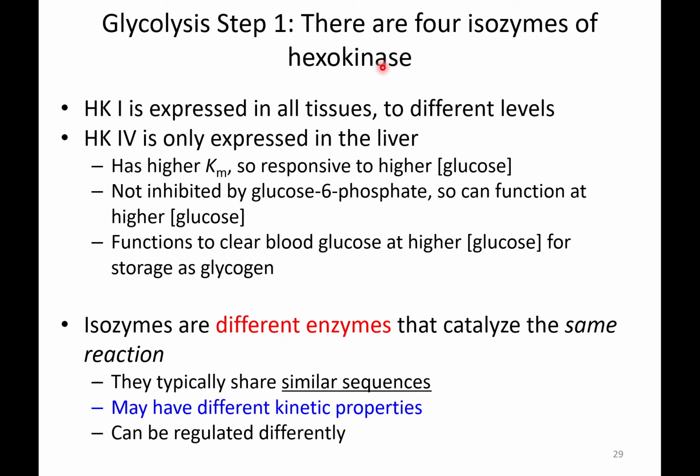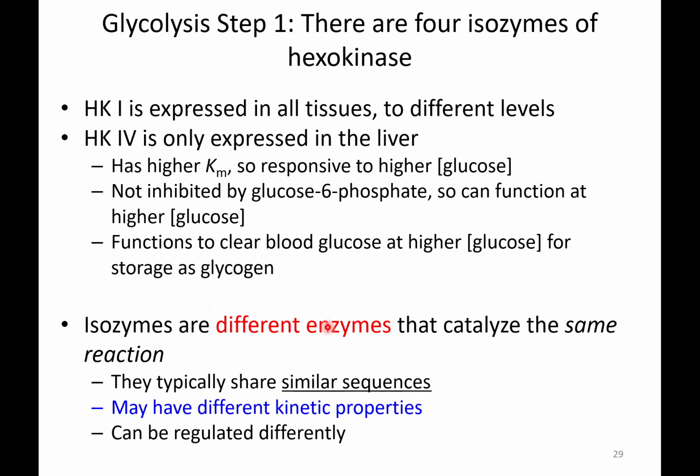An isozyme is a protein with a very similar sequence, but usually slightly different. It has its own gene. They're very closely related sequences, but they are different protein sequences, encoded by different genes.